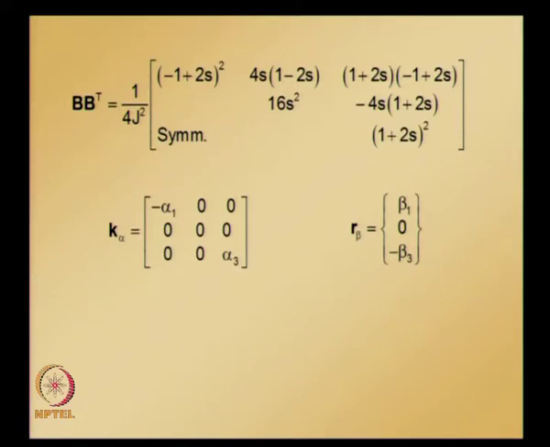And please note that here this k alpha and r beta show up only if non-zero specified natural boundary conditions are present.